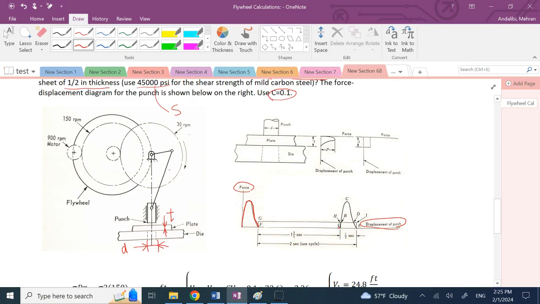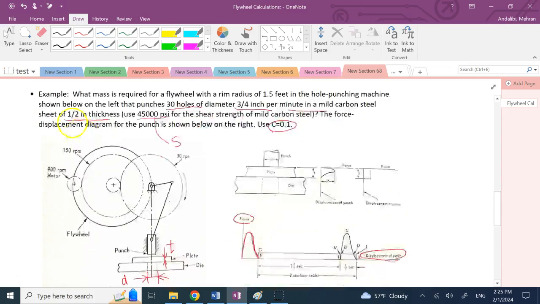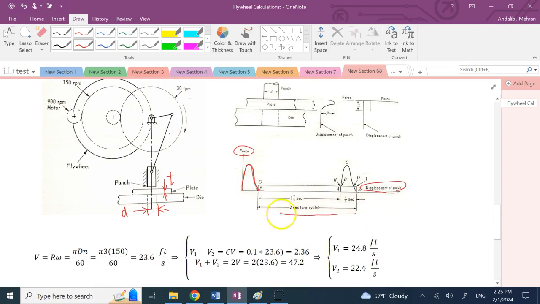Okay, and remember we do 30 punches per minute, so every punch will take 2 seconds. So 2 seconds is the entire cycle time for one punch. Now out of that 2 seconds, only 1/3 of a second is used for punching, and the other 5/3 seconds is just when this mechanism goes back up and then comes down.